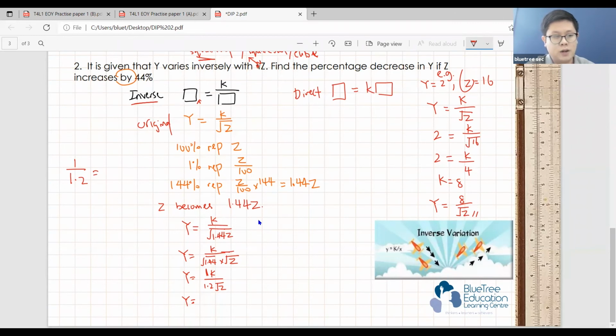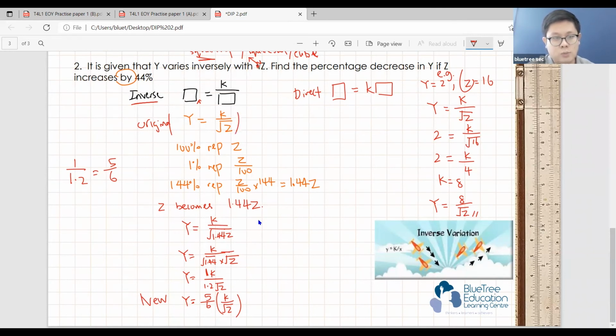So we simplify that just by pressing it in the calculator, which will give us 5 over 6. So if we create a coefficient of the number times the algebra portion here, then we will know that the new y that we just found, based on the new z value, is equal to 5 over 6 of the original.